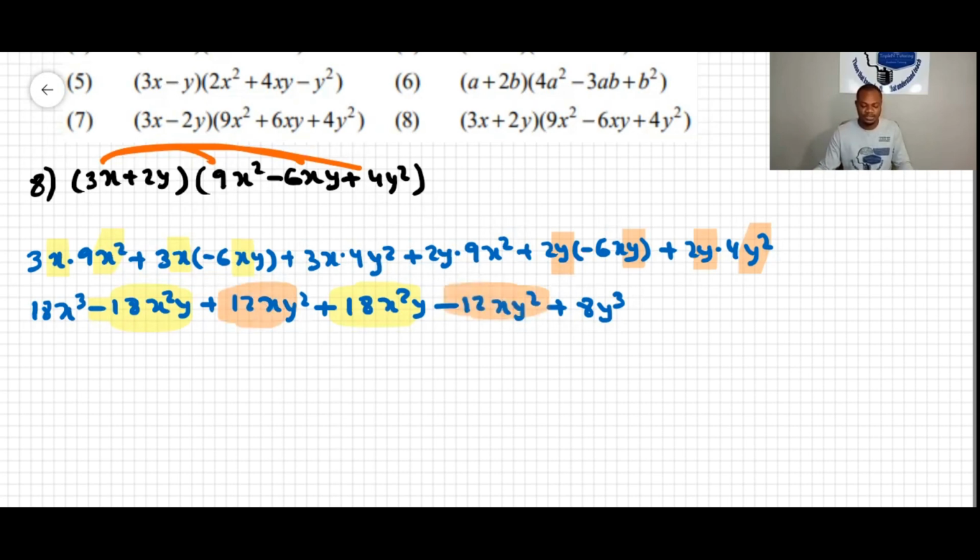Now we can combine these terms, so that makes 27x cubed. This and this can simplify because they have opposite signs, same also this and that. And the answer is just 27x cubed plus 8y cubed. Thank you.